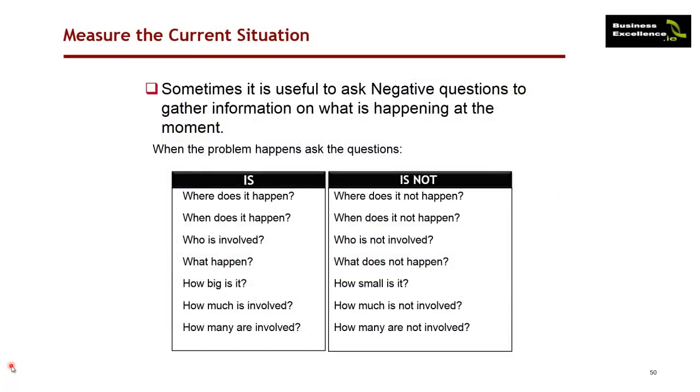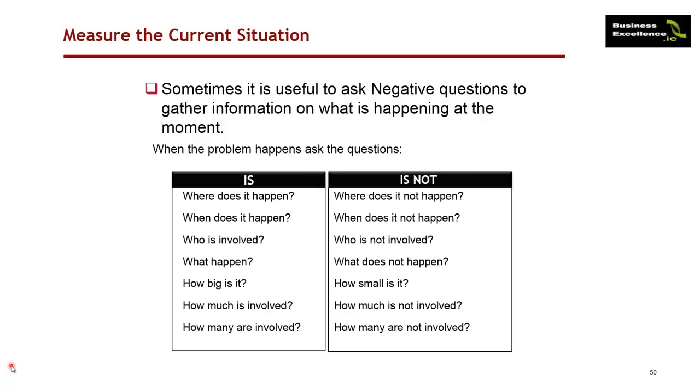During the measure phase, it's also useful to ask negative questions to gather information on what's happening at the moment. Sometimes this can be very useful to understand what's in scope and also what is covered and what is not covered. So if you ask the question, where does it happen or where does it not happen? Depending on the answer, the problem you may be looking at could be very specific to one process or one piece of equipment, or it could be something more systematic or more generic.